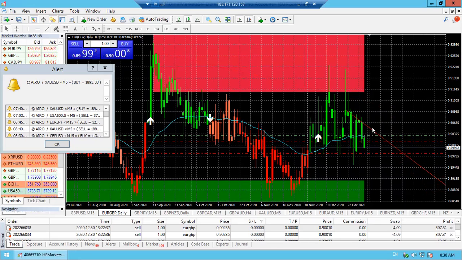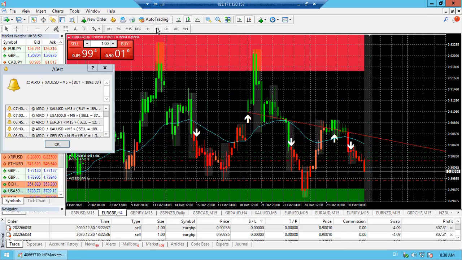So if I draw from body to body, you can see that this market is on a downtrend like this. If I go down to my 4 hours, good, you see the 4 hours has showed me the same initial trend I showed you guys earlier.